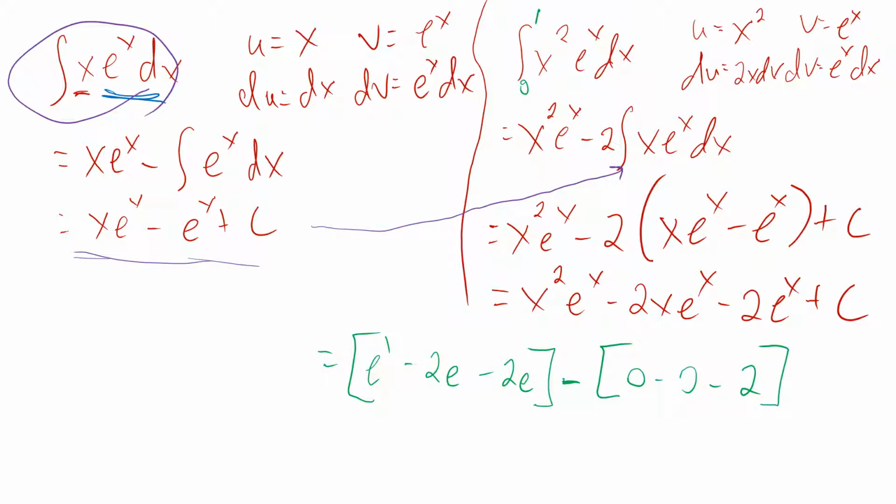And then combine our like terms. We have e minus 2e, that's going to be negative 3e, minus negative 2 is plus 2. So if we have a definite integral, we do it the exact same as we do any other definite integrals. Use the fundamental theorem of calculus, find the antiderivative, plug in the big one, minus plug in the little one. That's what we've got.